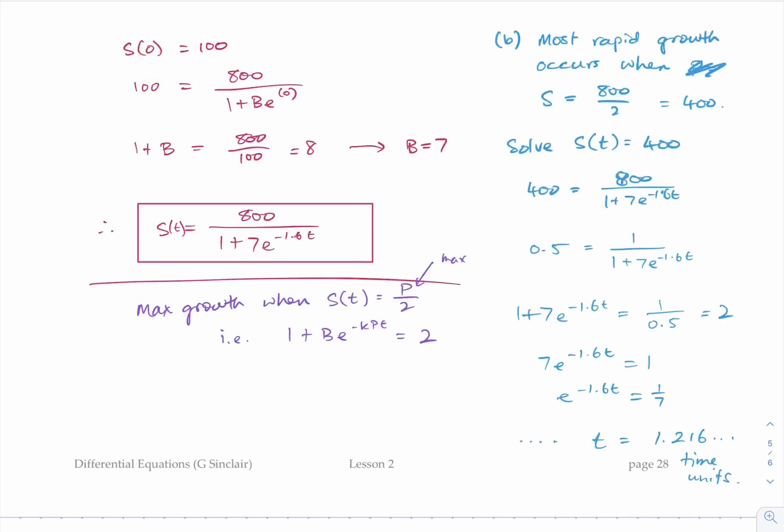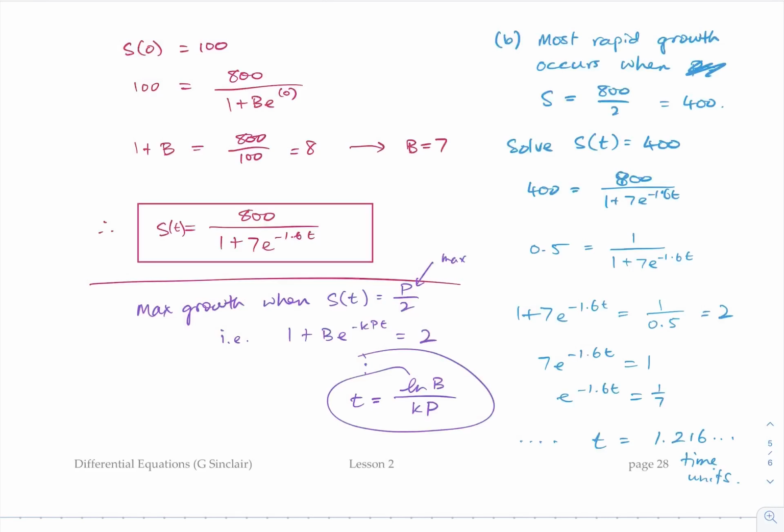Right, so I kept everything in terms of the constant letters instead of their particular values, and then found that t equals ln B over kP. Right, so this is actually something that's generally true for any logistic situation.